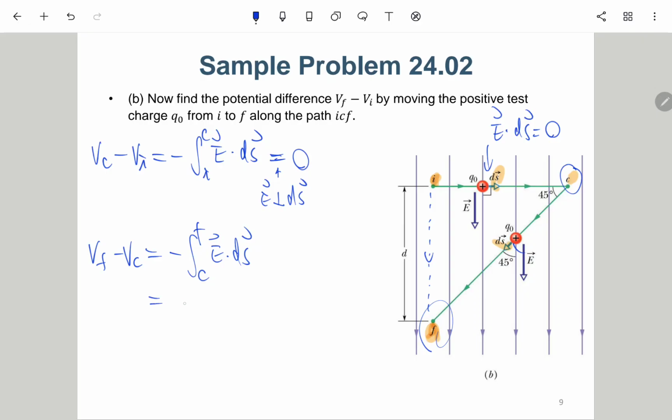We have negative integration of E ds cosine of 45 degrees from C to F. E is a constant and cosine 45 degrees is also a constant, so negative E cosine 45 degrees times integration of ds from C to F.